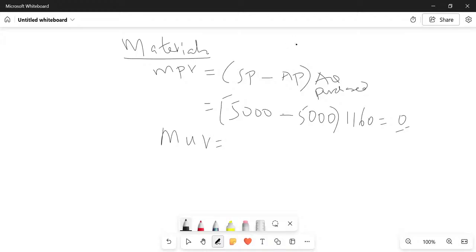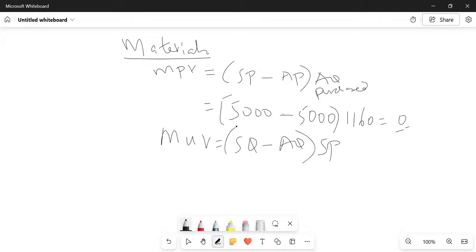So material usage variance, do you know the formula? It is SQ minus AQ, multiplied by SP. Please don't forget that SQ stands for standard quantity for actual production.